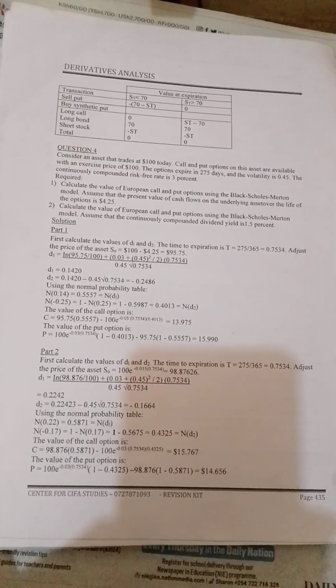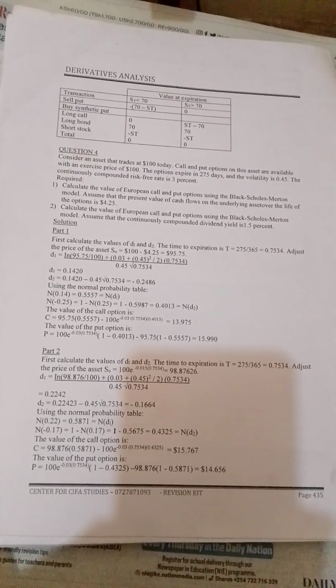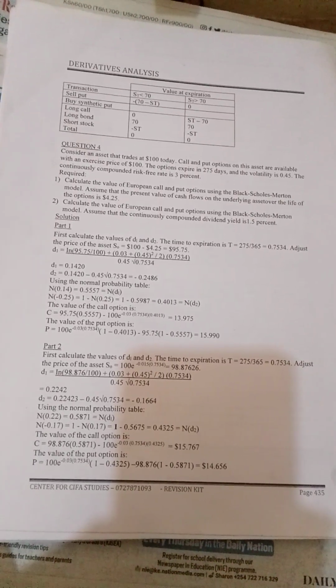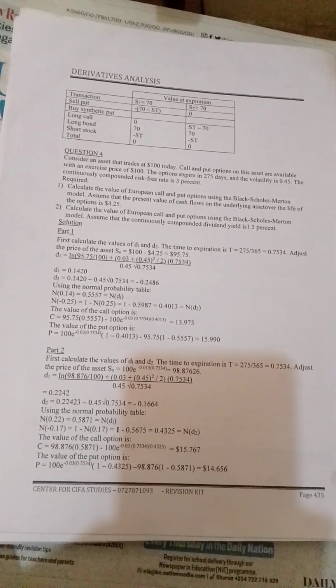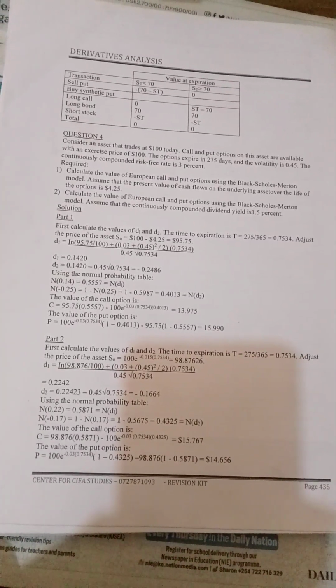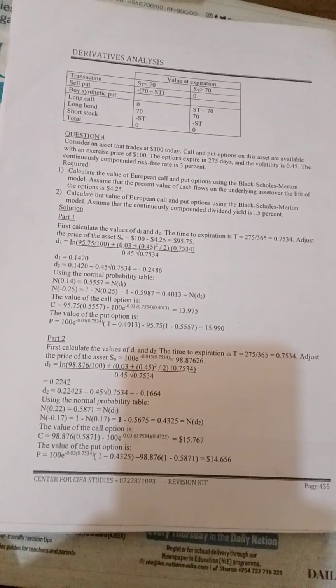Assume that the present value of cash flows on the underlying asset over the life of the options is $4.25. Number 2, calculate the value of European call and put options using the Black-Scholes model.